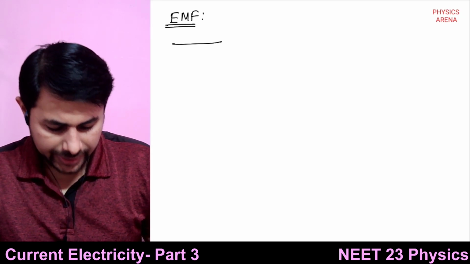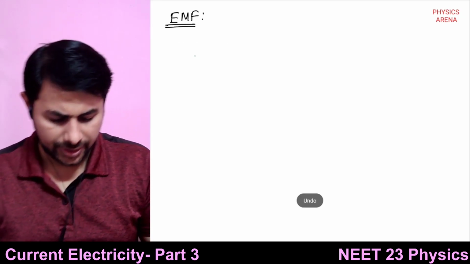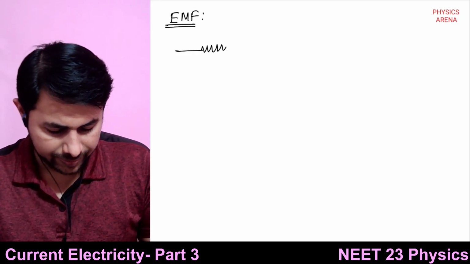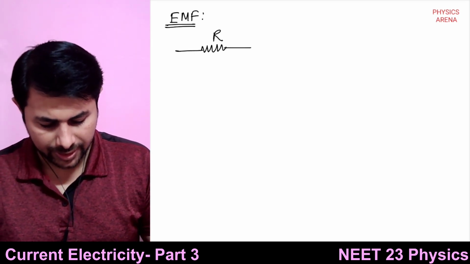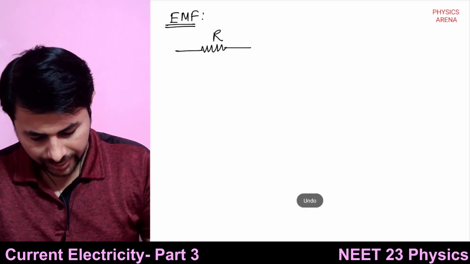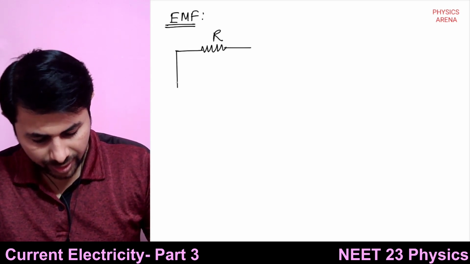So let's consider a resistor like this. A wire whose resistance is R, capital R, and it is connected to a battery.